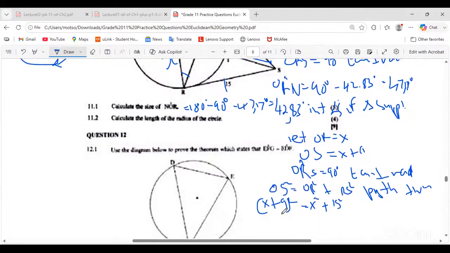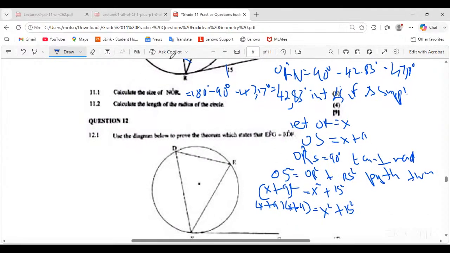Now, simplifying the left-hand side, I have x plus 9 squared, which is x plus 9 times x plus 9, is equal to x squared plus 15 squared. Now, I can quickly simplify 15 squared, which gives me 225.